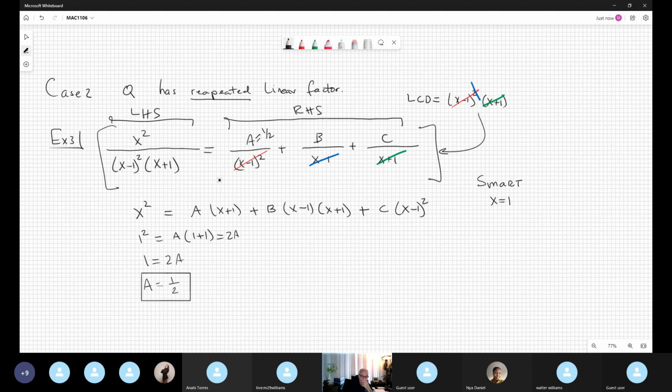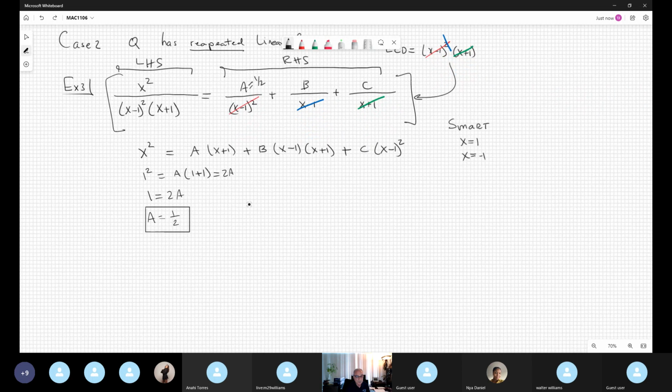Okay, cool. Now we have another smart value. Of course, we have another smart value, which is -1. Because when you plug in -1 here, look, -1 plus 1 is 0. And here also, -1 plus 1 is 0. So the A part and the B part disappear. And the C part stays alive. Okay, I like that. Let's continue here.